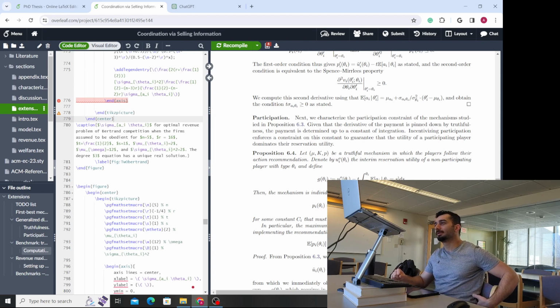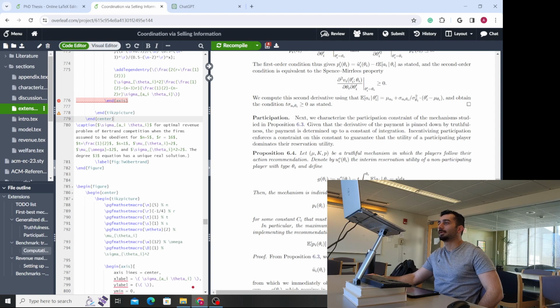What is G? Okay, G is not something we know. G is something he defined as a dummy function to help the writing.